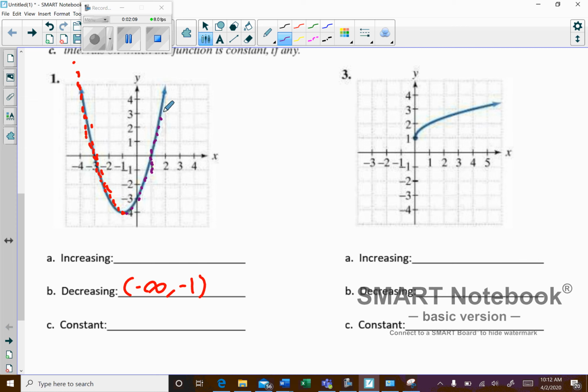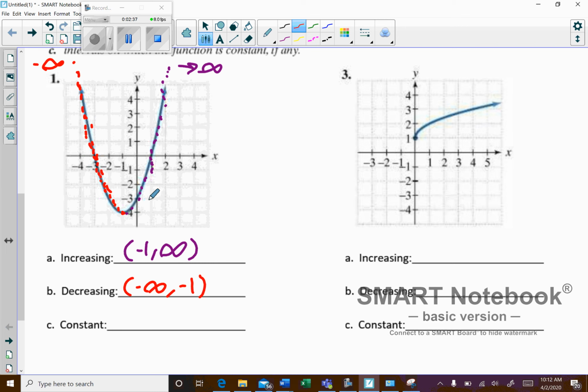So we increase from -1 to infinity. It's going up, it's increasing, and it's also going to the right to infinity. And over here, when it was coming down, it was coming from negative infinity. There is no constant interval on this particular one.